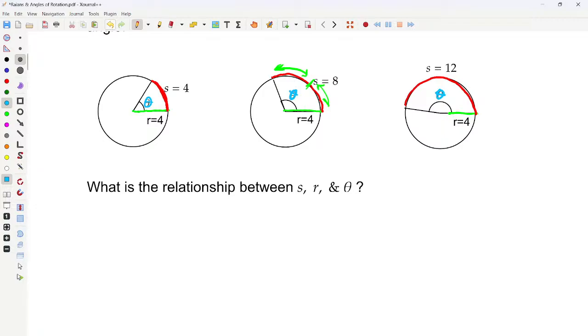So what's the relationship between S, R, and theta? What equation can we write that connects this, this, and this in all 3 diagrams?